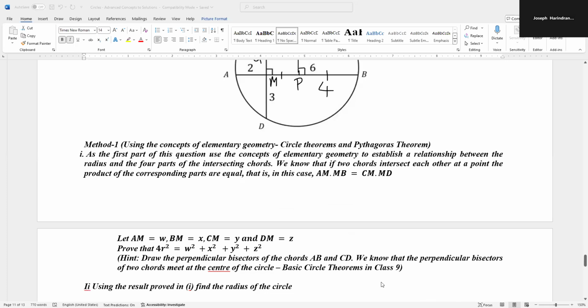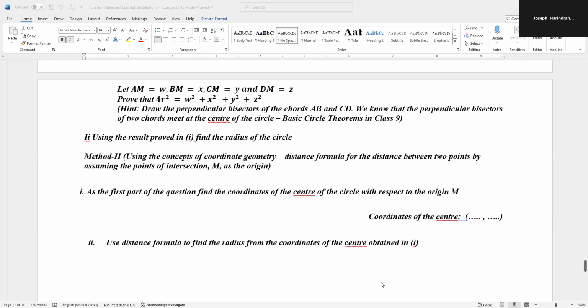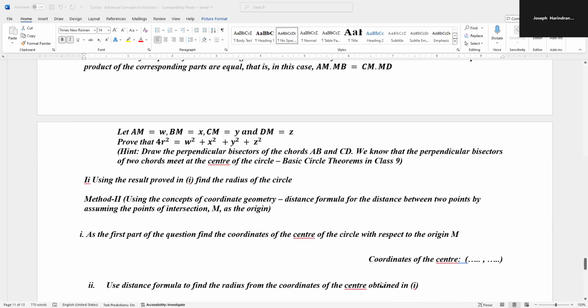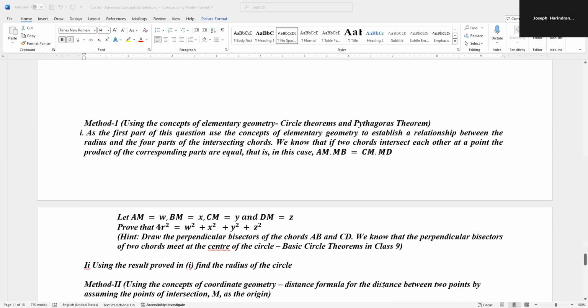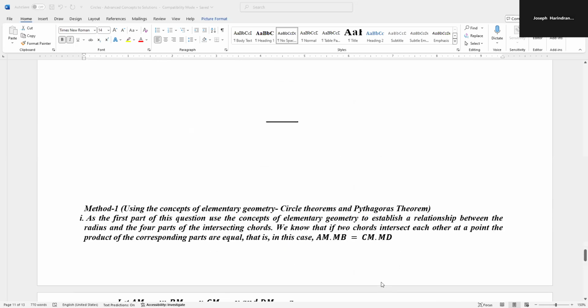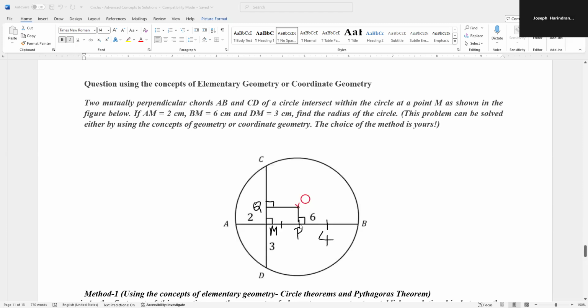We have to name the segments W, X, Y, Z, and so on. Then we will pass on to the different segments and calculate the values. Here we are drawing the perpendicular bisectors. We know that the perpendicular from the center to a chord bisects the chord.